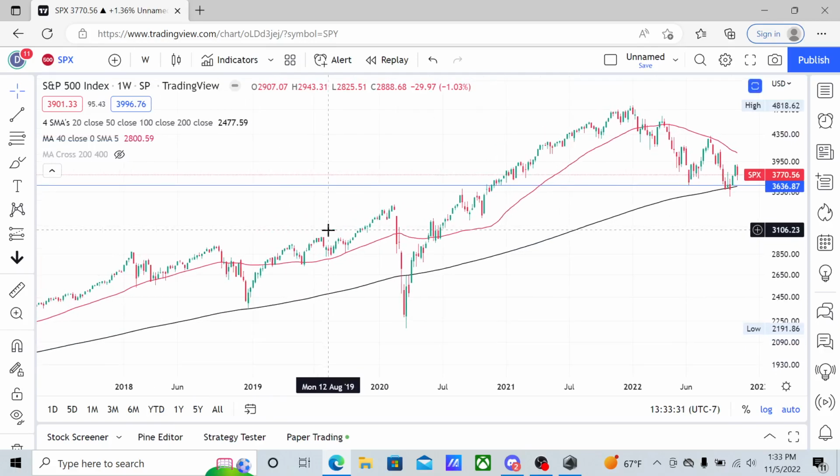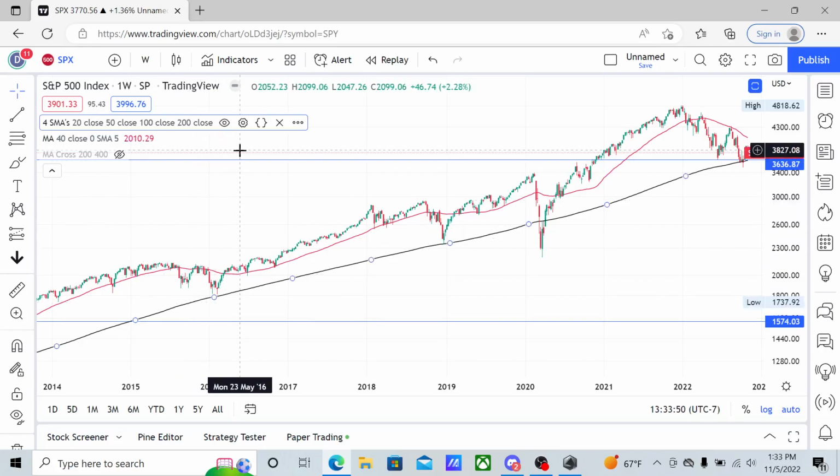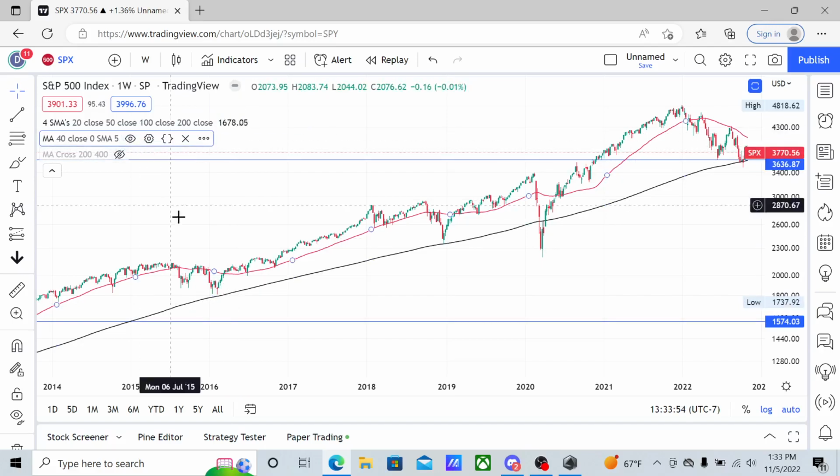On the weekly chart, we have this black line and this red line. The red line is the 40-week moving average, which translates to a 200-day moving average if you're looking at a daily chart. I'm sorry, I think I said 200 earlier; the red line is a 40-week moving average.